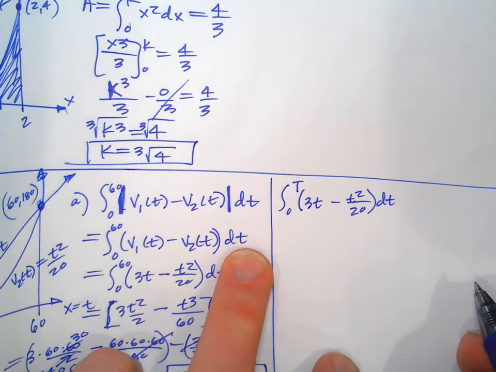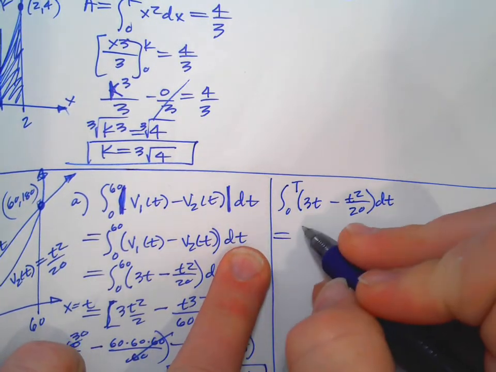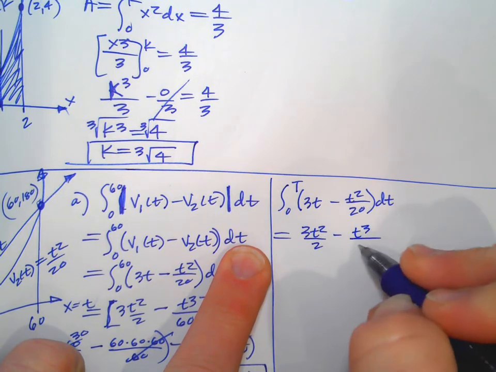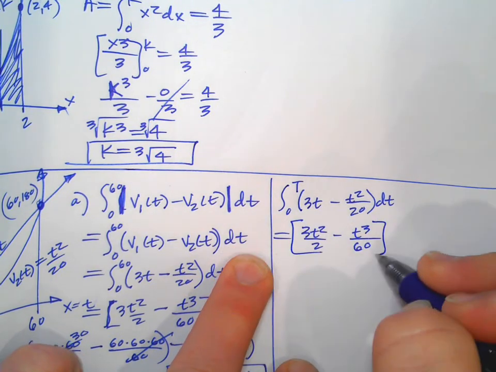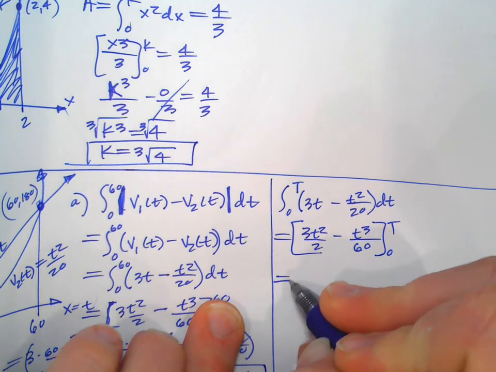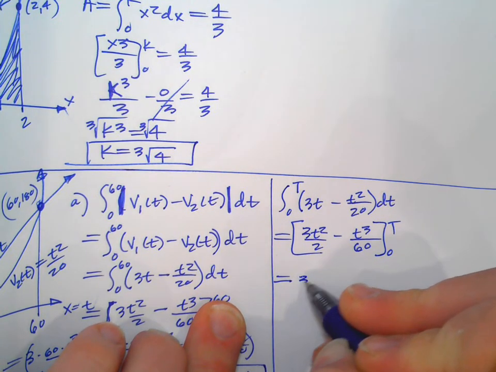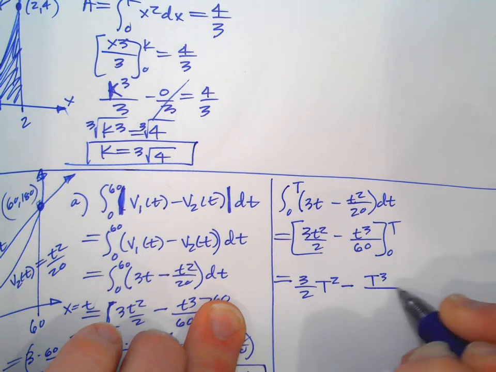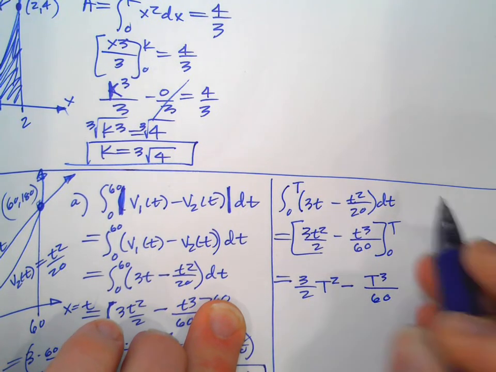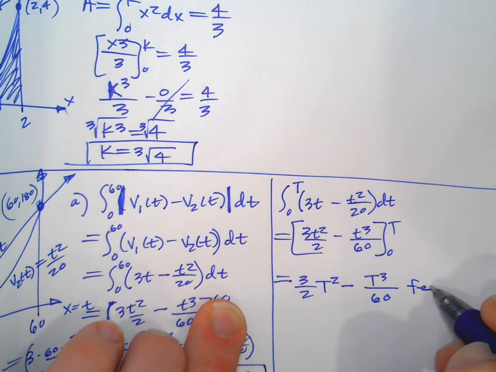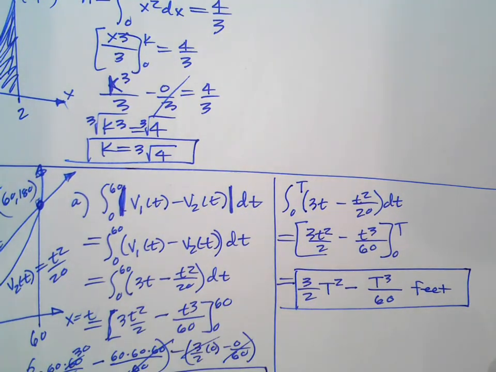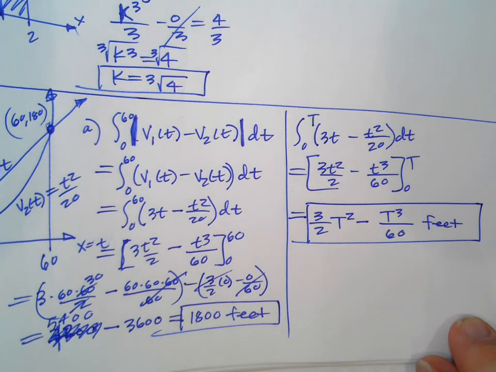This will make sure it's positive. So 3t squared over 2 minus t cubed over 60. And then you're going to plug t in. So it's going to be 3 halves t squared minus t cubed over 60. And you plug zeros in, they drop out, and the units are feet. It's actually easier. We didn't actually have to plug any real numbers in there. So that's part B.